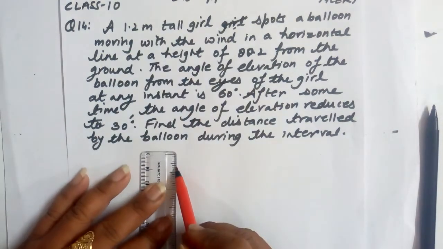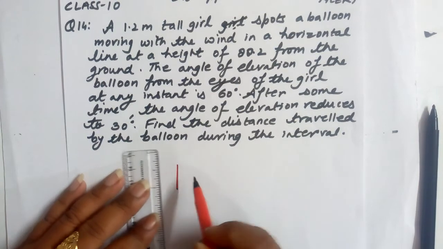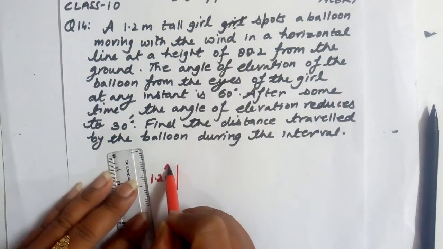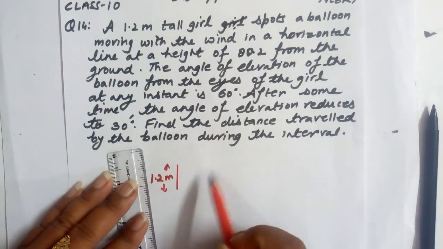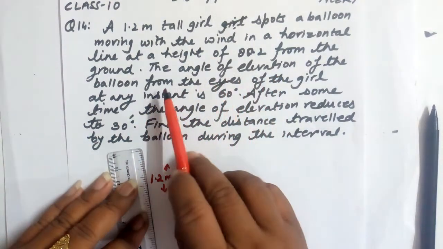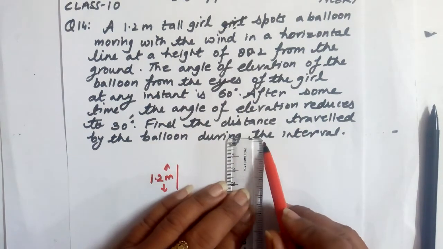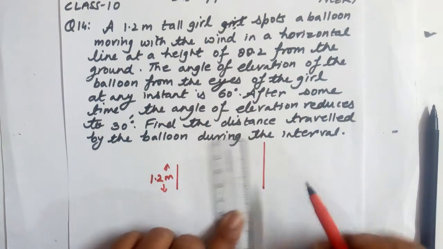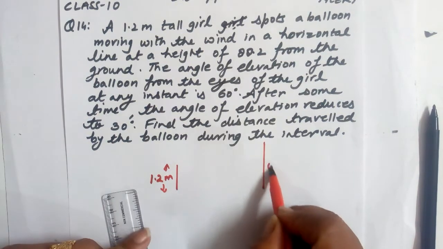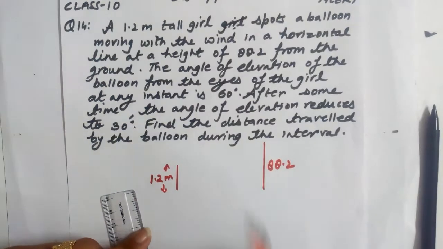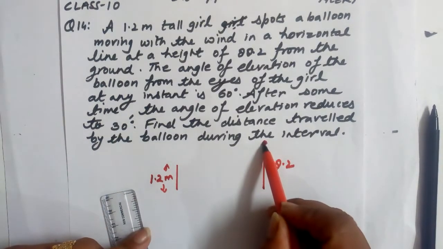So suppose this is the height of the girl, that is 1.2 meter. She spots a balloon at a height of 88.2. Now this is the balloon.